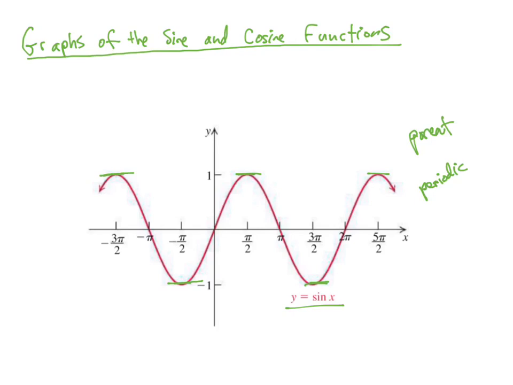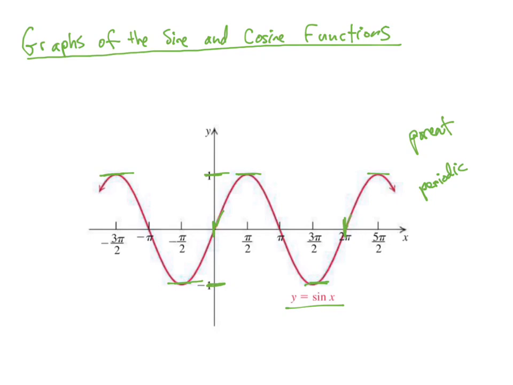And the maximum value and the minimum value for the parent function is always 1 and -1. So the graph is always bouncing between positive 1 and -1. Now, the sine graph starts at 0. I mean, it doesn't really have a beginning and an ending, but if we were to take a snapshot, we would say this can start at 0, and once it reaches 2 pi, the graph starts to repeat itself, right?